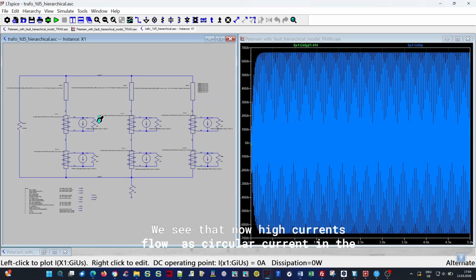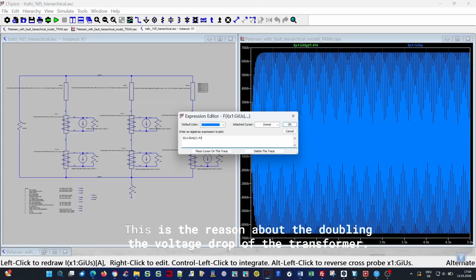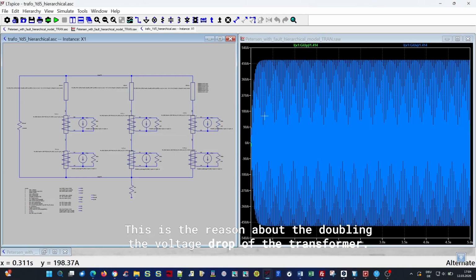We see that now high currents flow as circular current in the secondary windings of the transformer. This is the reason for the doubling of the voltage drop of the transformer.